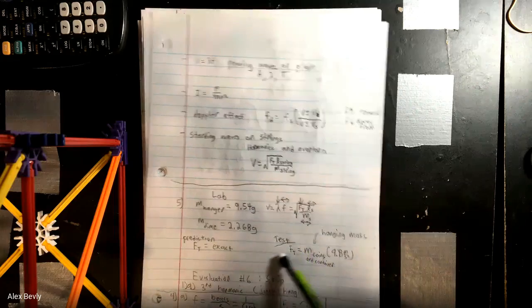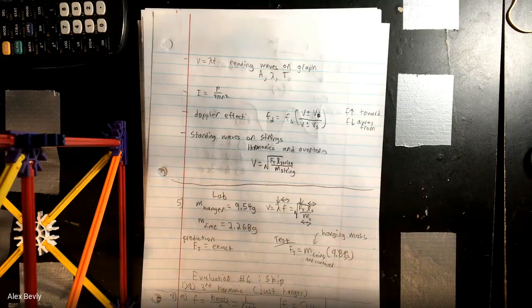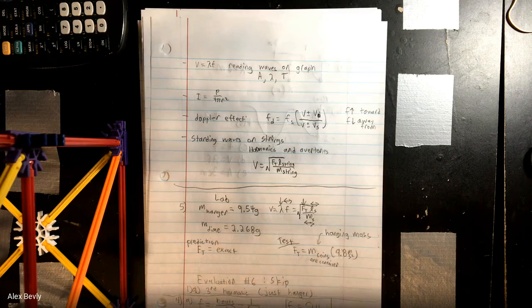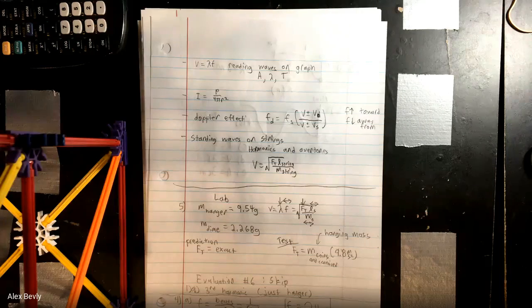We only had so many ways we could combine the coins, so we weren't going to be able to get the exact value that we predicted. That's a limitation, so we end up with different tensions. We just try to get the closest one.